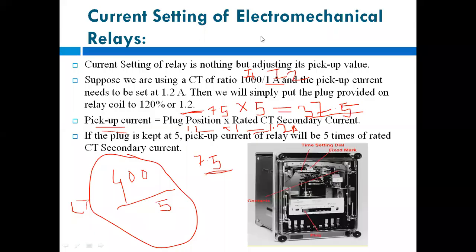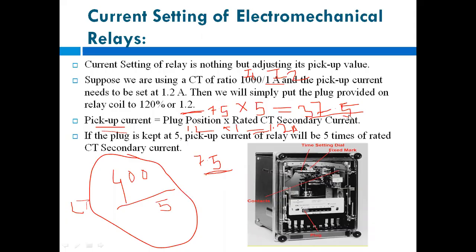Then we can find the pickup current as plug position, 7.5, into rated CT secondary current, which is 5. So your pickup current value is 37.5 ampere. It means that your relay will operate at 37.5 ampere.